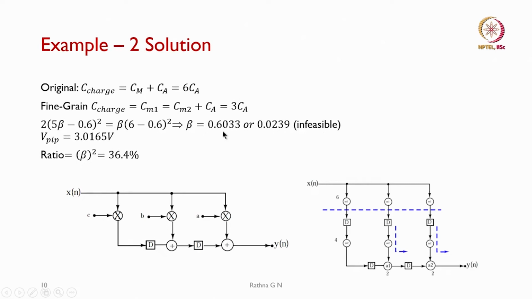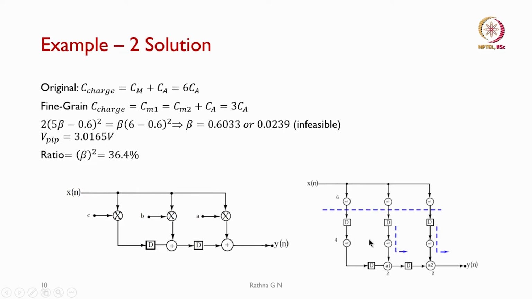So 0.6033 is the ratio to which we can reduce the supply voltage, and beta squared gives a reduction of 36.4%. Pipelining should have given me 50%, but in this case the reduction can only be 36.4%.